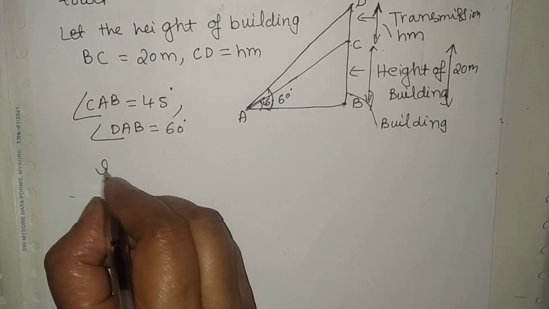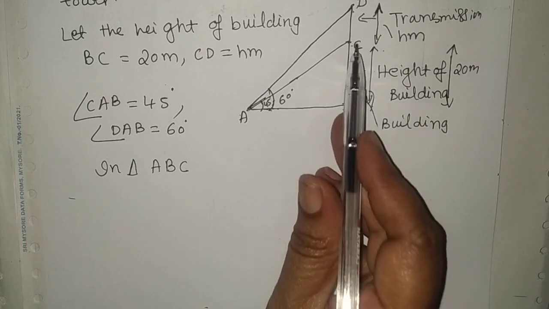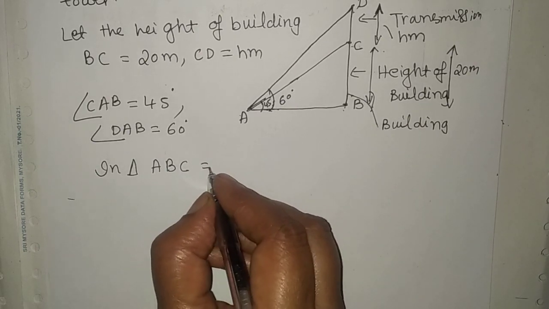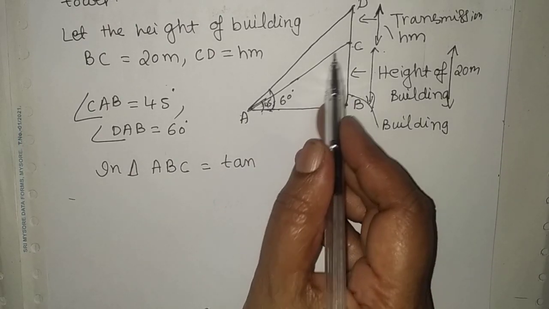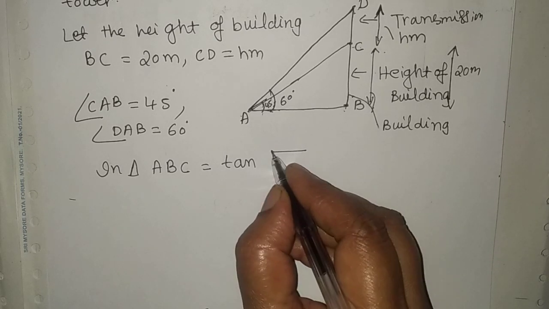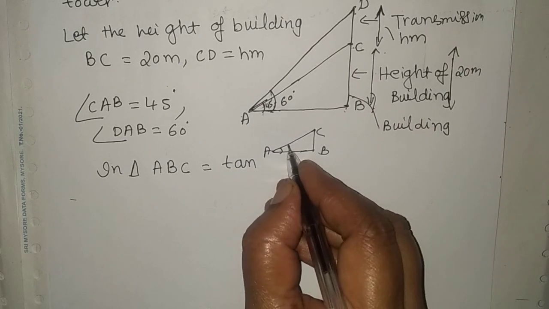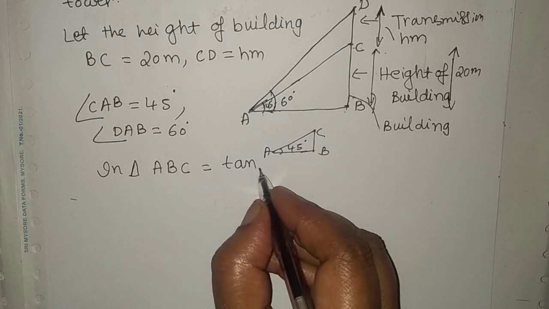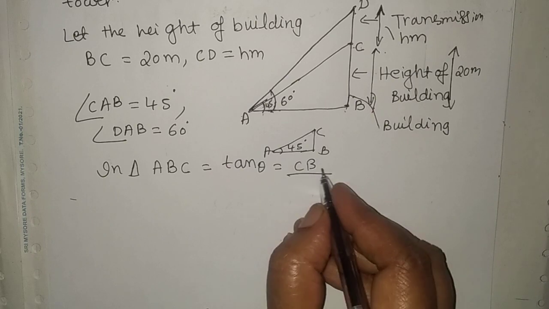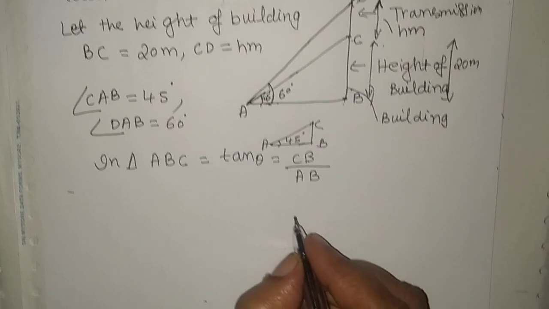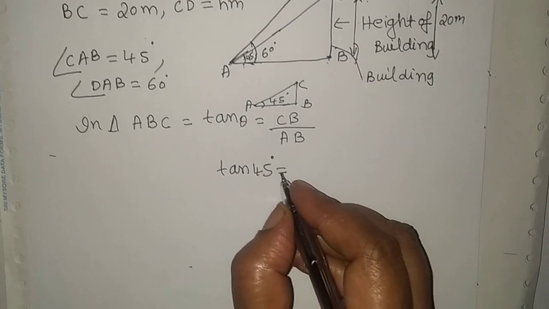Now we consider the triangle ABC. In this triangle, tan theta with theta equal to 45 degrees is equal to CB by AB.